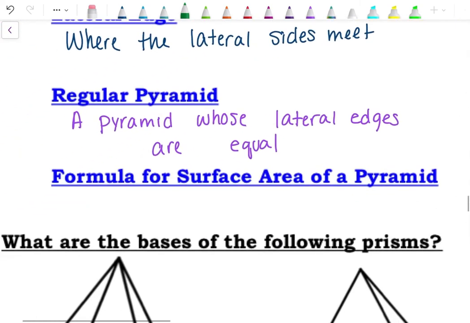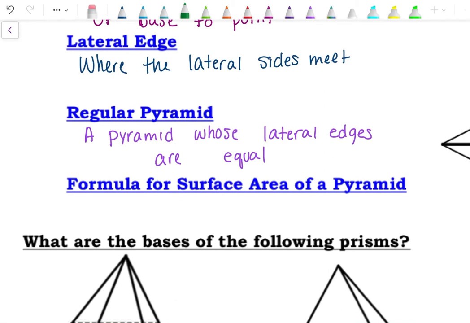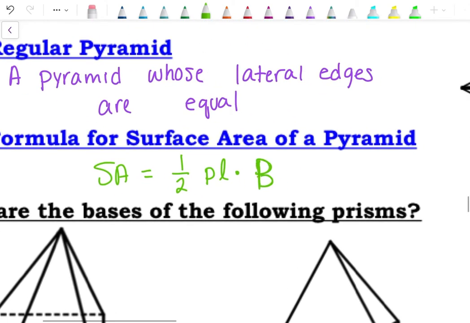So let's do the formula for surface area of a pyramid. To find the surface area of a pyramid, surface area is going to be 1/2 PL plus B, where P is going to be the perimeter of the base, L is going to be the slant height, and B is going to be the area of the base.